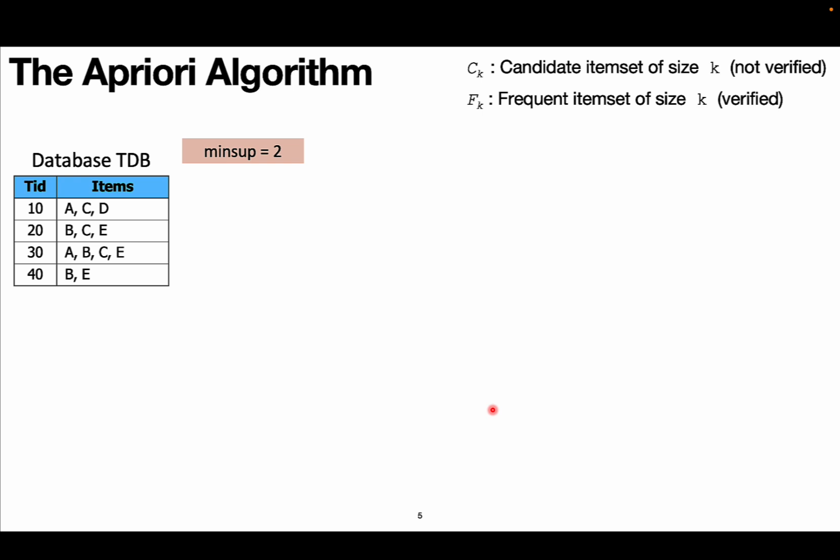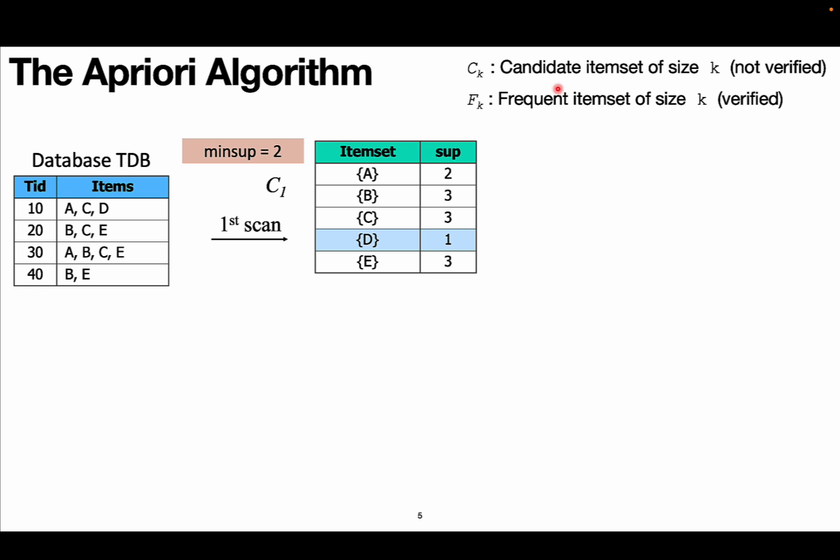Let's walk through an example to understand how the a priori algorithm works. Suppose that we have a database with 4 transactions and we set up the minimum support to 2. The algorithm starts with scanning the database to get the candidate item set of size 1, which consists of 5 item sets A, B, C, D, E with their support.